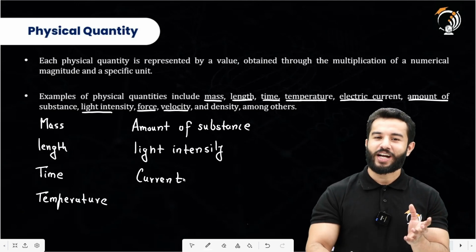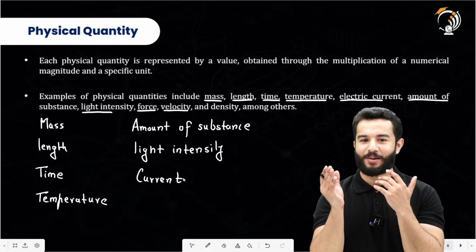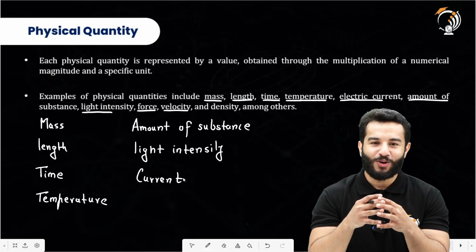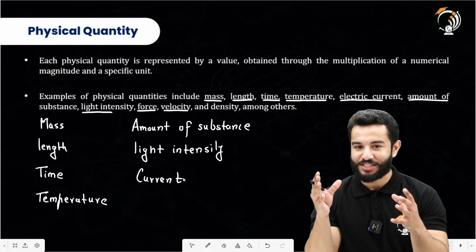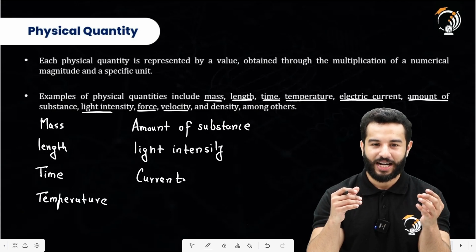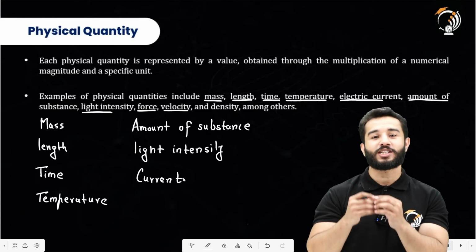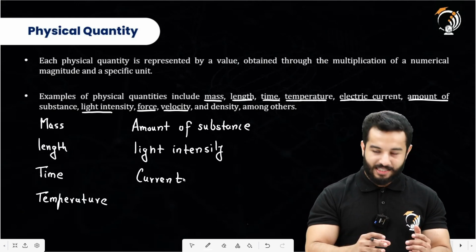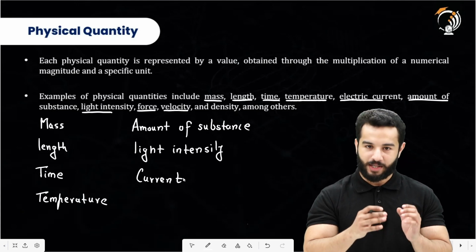Speed is defined as distance traveled by a body in unit time, isn't it? So speed is distance upon time. So speed is not a fundamental quantity. Speed is derived using 2 other quantities, which are distance and time. So please remember these as the fundamental quantities.